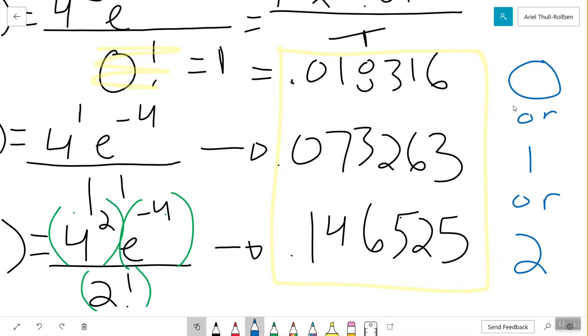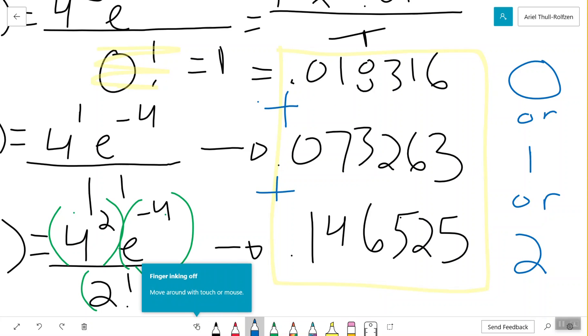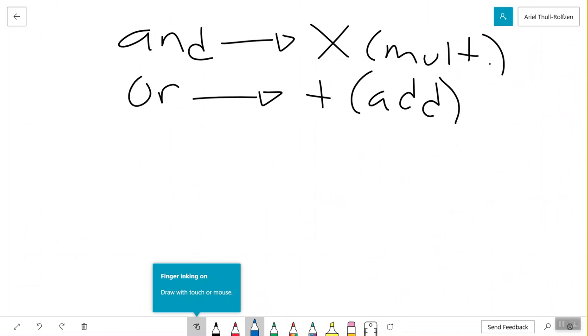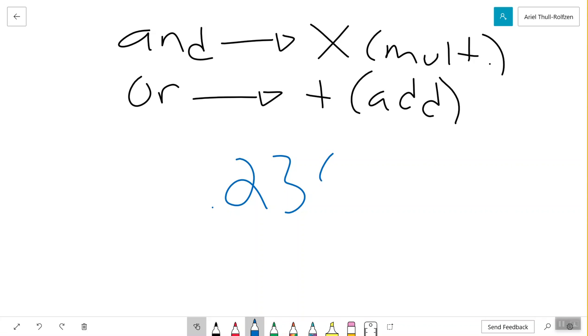So what I want to do is take that or and say, okay, or means addition. So I'm going to take these probabilities and I'm going to add. I'm going to say, okay, 0.018 plus 0.073 plus 0.146525. And when I'm done adding all of those, my final answer is going to be 0.238103.